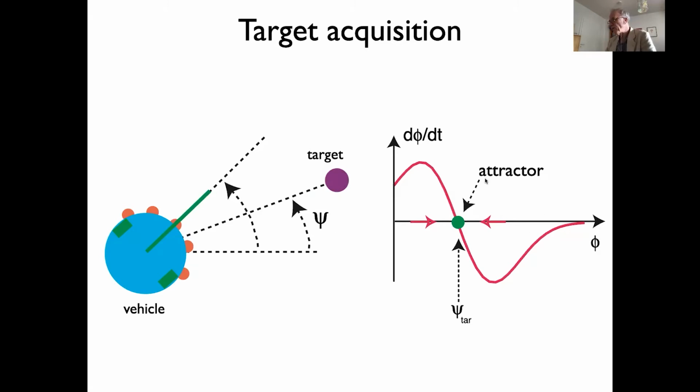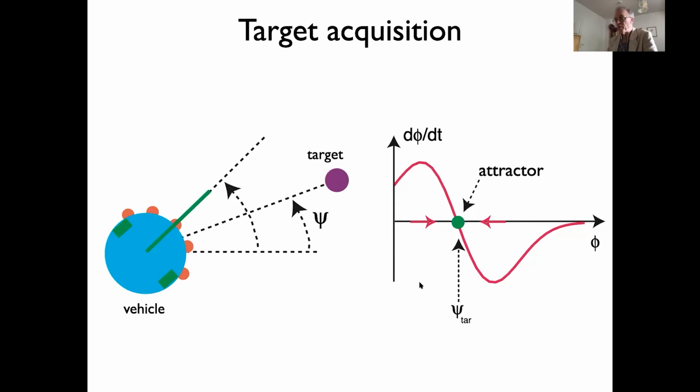This is a nonlinear function really just because heading is an angular variable, and therefore it needs to have a periodic function. So we typically take a sine or cosine function, and that is a nonlinear function. In fact, it really has a repeller at the opposite direction. So if you're exactly moving away from the target, then you have to decide whether you go around toward the target on the left or on the right, and that would be a repeller. So that is just a property of angular variables like heading.